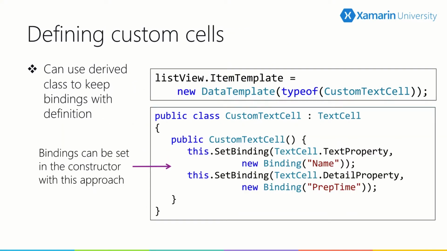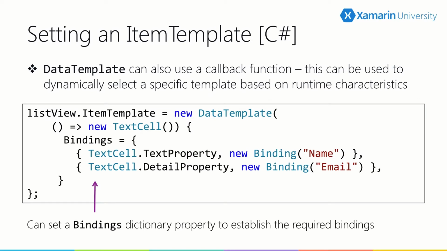There's a variation of that. Maybe you want to keep all of the bindings and the setup of your cell nicely within one class. So you could derive from an existing cell type and put your code into the constructor. Finally, there's the possibility to use a delegate in order to create an instance of a cell.